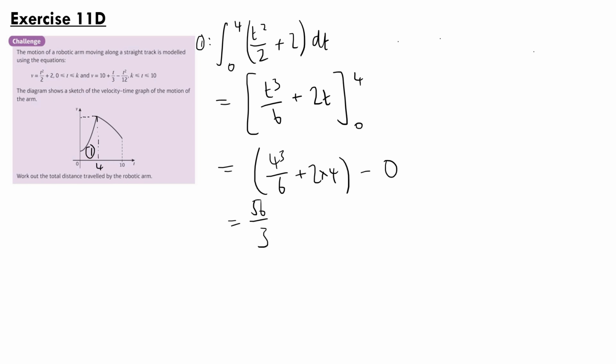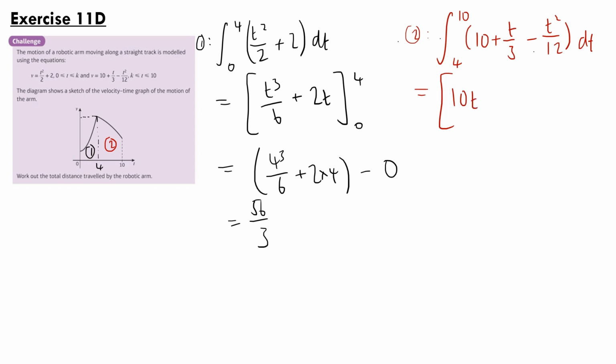And for the second area, the area is given by the integral from 4 to 10 of 10 plus t over 3 minus t squared over 12 dt, and this is equal to 10t, and adding 1 to the power, t squared, and dividing by the new power, we get t squared over 6 minus t cubed over 12 times 3, that's 36, from 4 to 10.